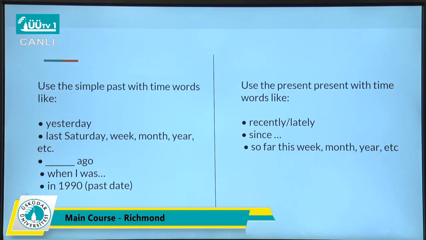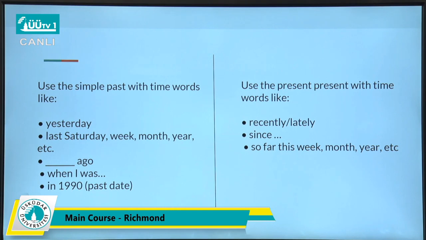There are some signal words that we can use to recognize whether it is past tense or perfect tense. For example, for simple past, you can see yesterday, last is a keyword, whether it is followed by Saturday, week, month, year, ago, when I was, and in 1990, or any other past date.